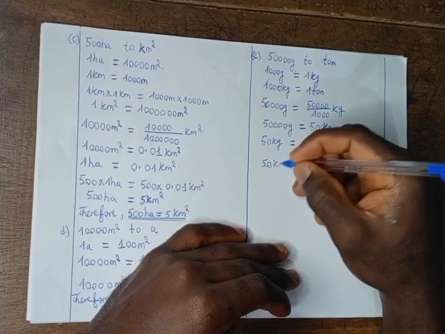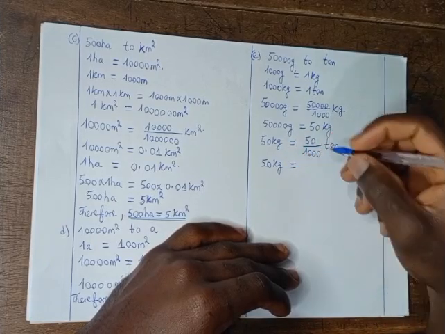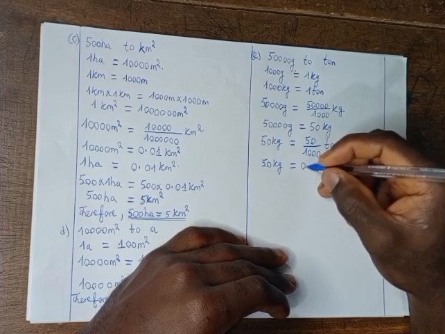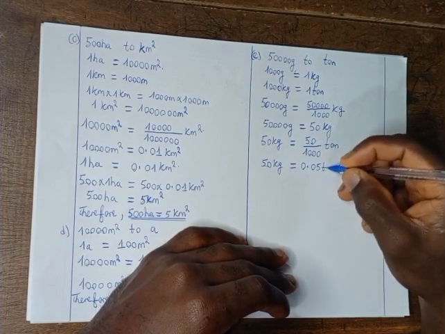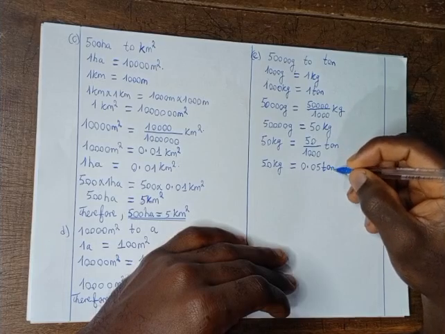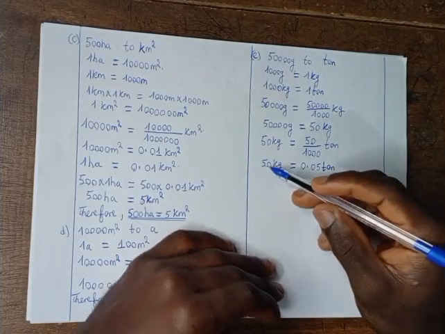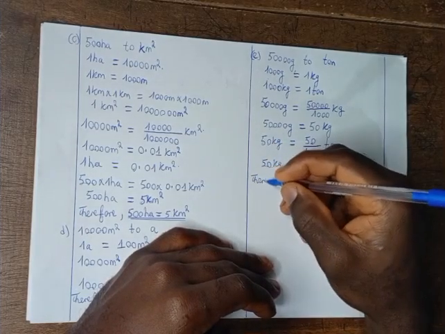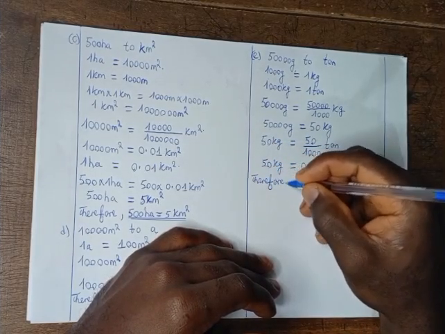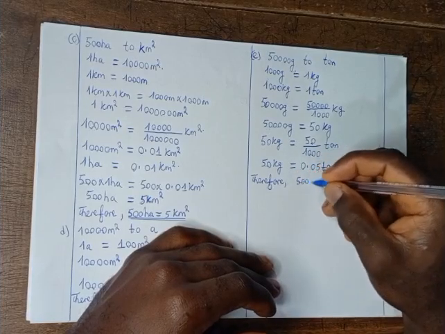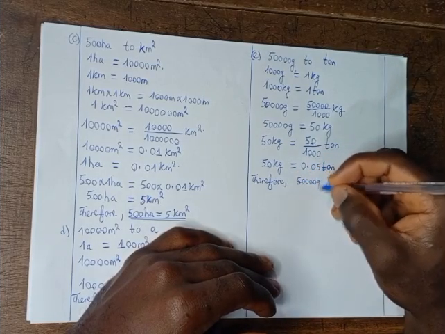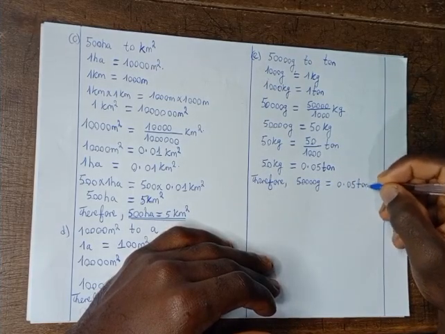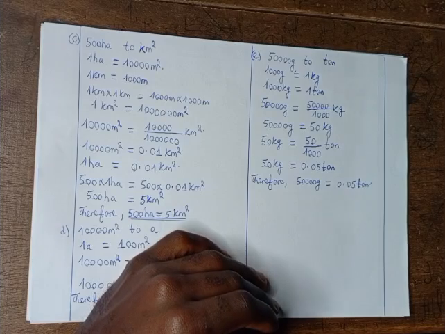This will give us 50 kilograms to be equal to 0.05 tons. Then we conclude. We know 50 kilograms is the same as 50,000 grams. We conclude therefore 50,000 grams is equal to 0.05 tons. We underline the result.